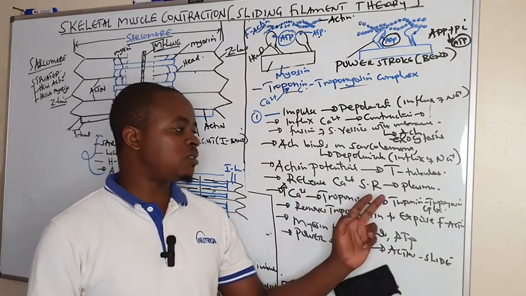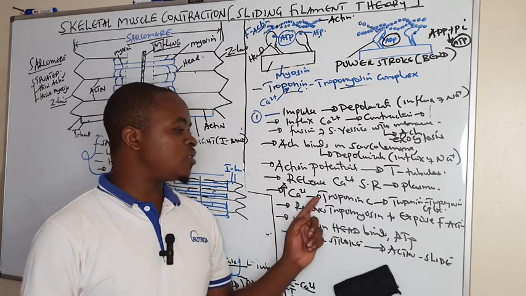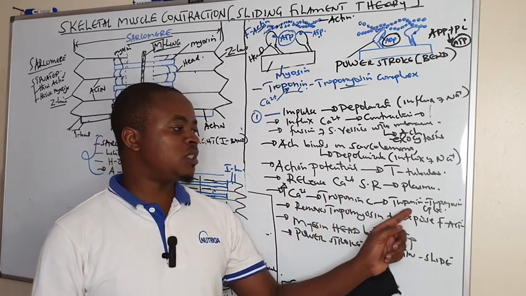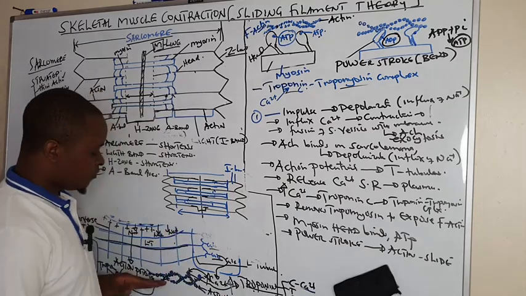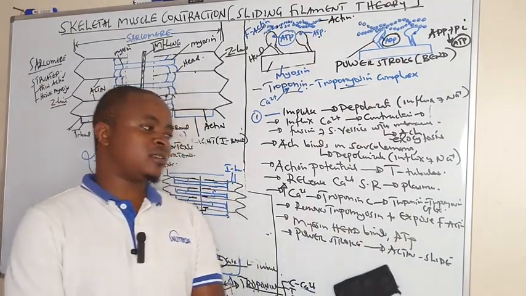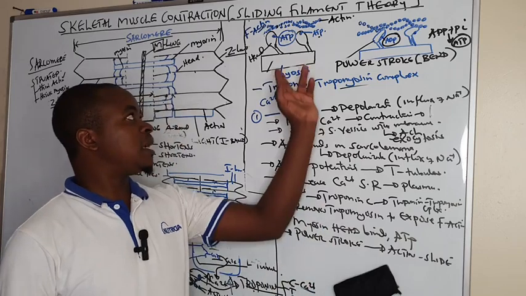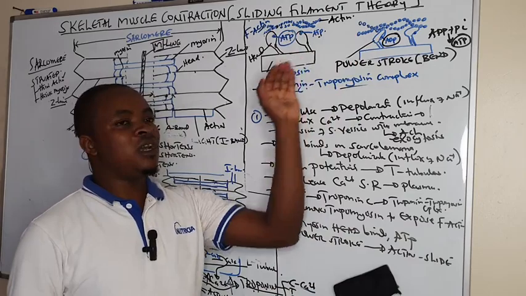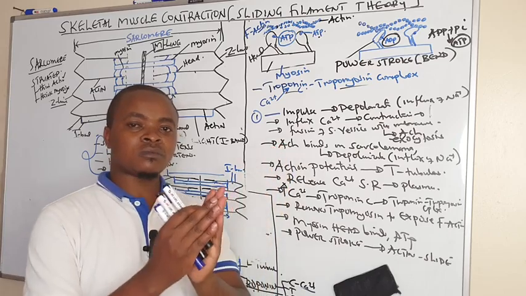And when it is released, it is going to go and bind to the troponin, causing formation of the troponin-tropomyosin complex, which is going to remove the tropomyosin which was hiding the active sites on the actin. After being exposed, the myosin head comes and binds in the presence of ATP, causing the power stroke, hence causing contraction of the muscle.